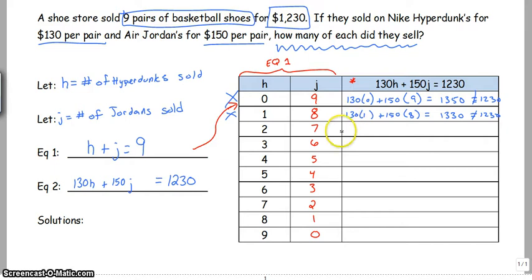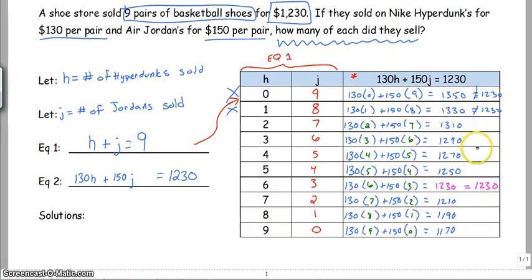Now, I want you to go ahead and check the rest of these and figure out which one is a solution. Make sure you check all of them to make sure you haven't made a mistake. Go ahead and hit pause now. When you come back and hit play, we'll go through the steps and we'll put the solution up.